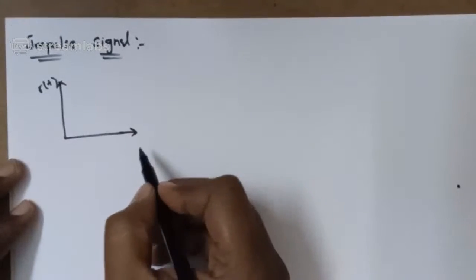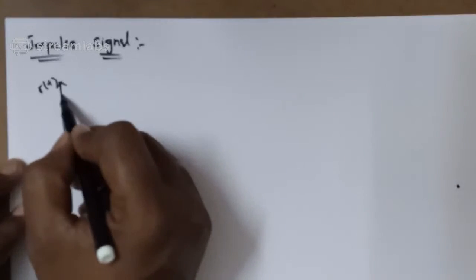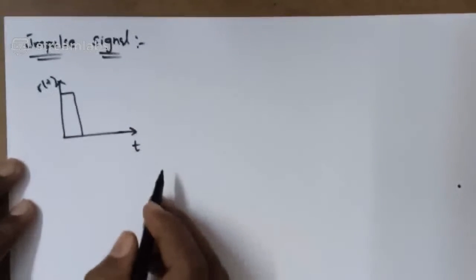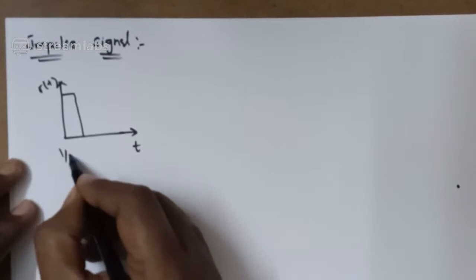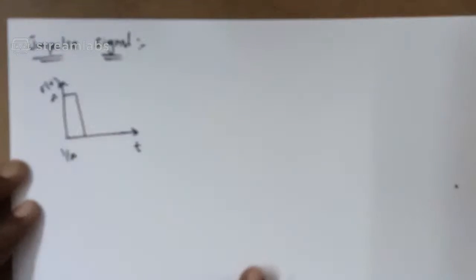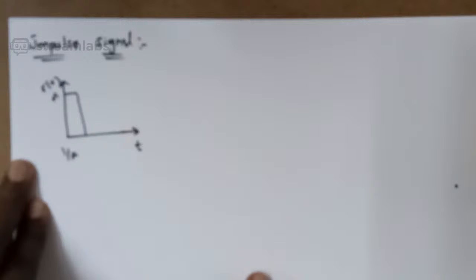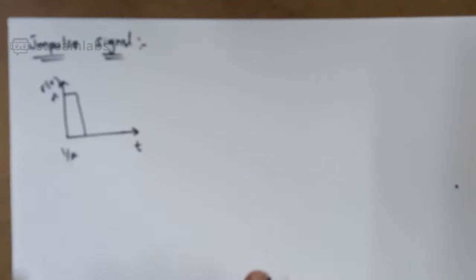So this is the r of t and t, the impulse signal. A signal which is available for a very short duration is called an impulse signal.